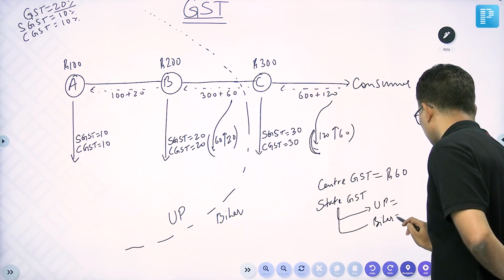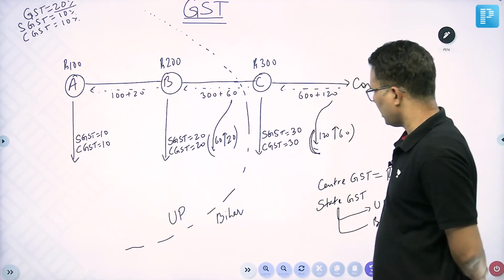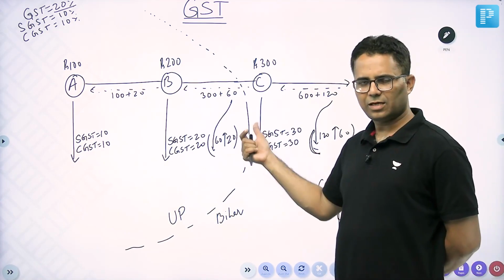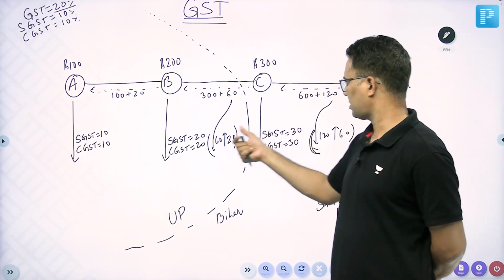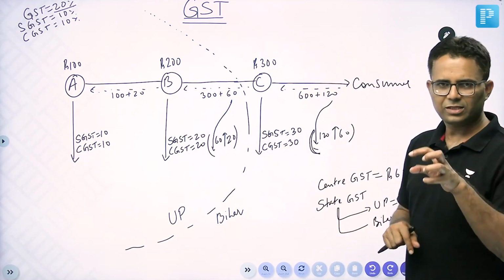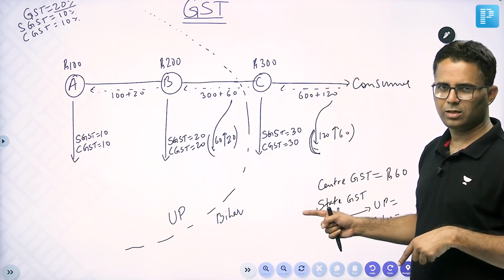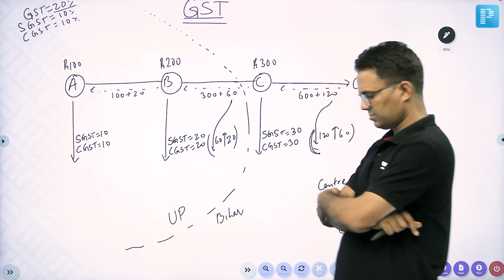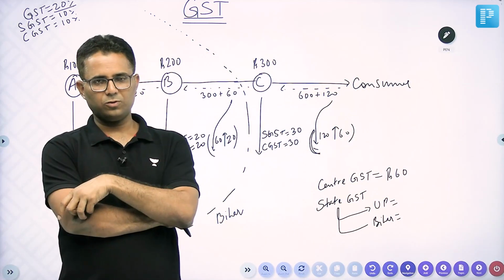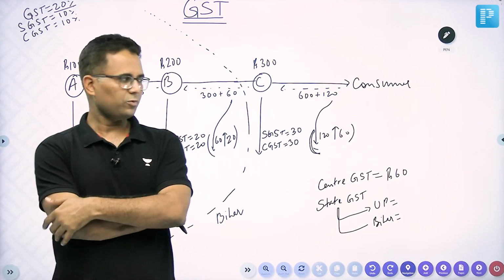That you need to tell me. Because center is getting 60 and states combined are getting 60. So out of the 60 state GST, how much will go to UP and how much will go to Bihar if it is across the state? Think over it and tell me.